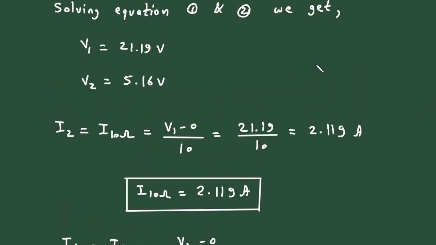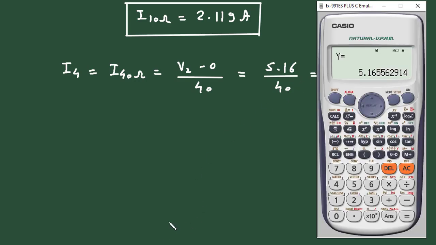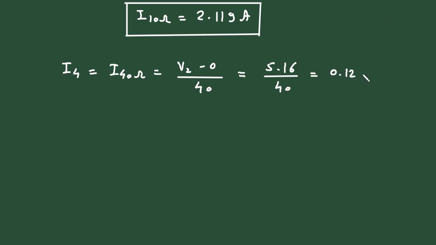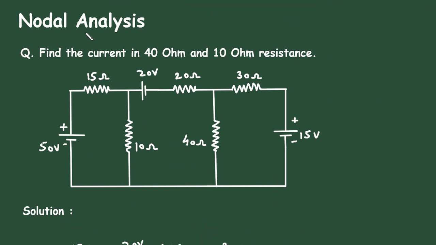The value of V2 is 5.16, divided by 40, so it is equal to 0.129. 0.129 ampere is the value of current I40 ohm, that is the current through the 40 ohm resistance. So this is how we can find the values of current by using nodal analysis.